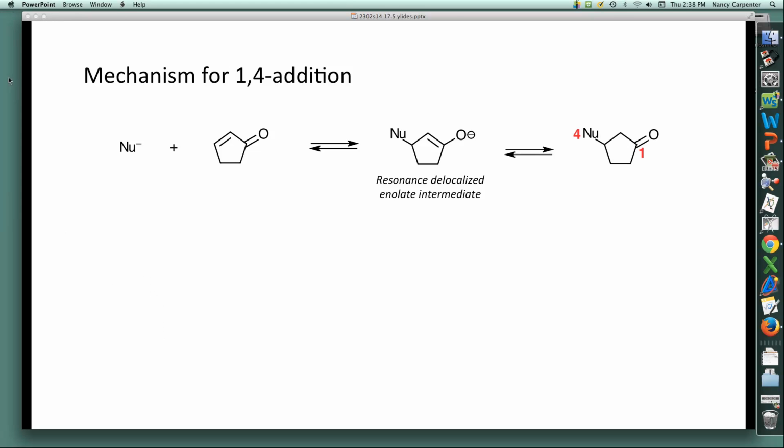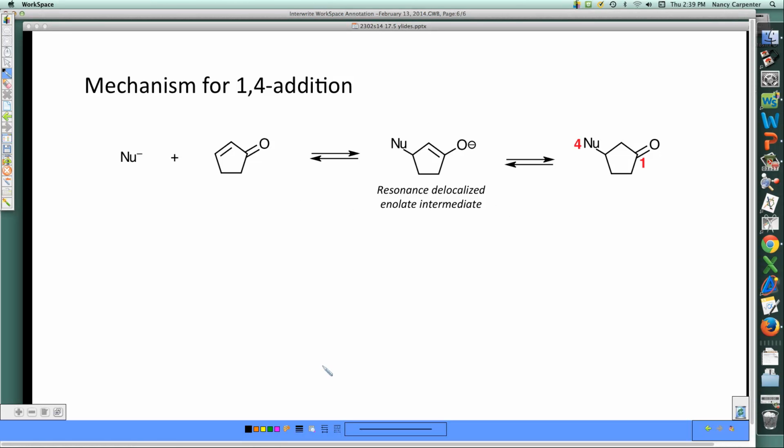And I actually have the 1 in the wrong place. 1, 2, 3, 4 is what this should look like. So we'll ignore that, and put the numbers in the right place. 1, 2, 3, 4.